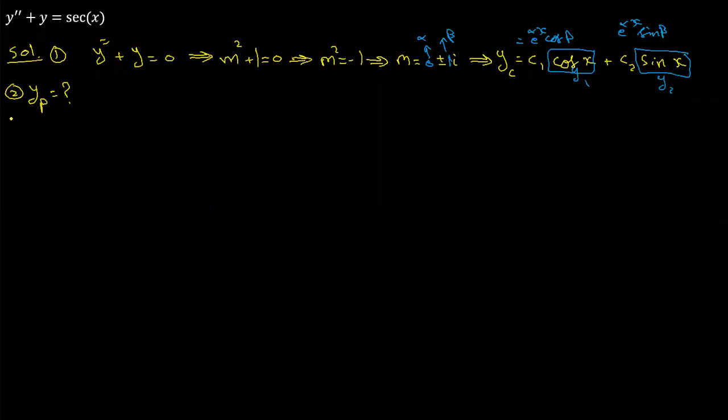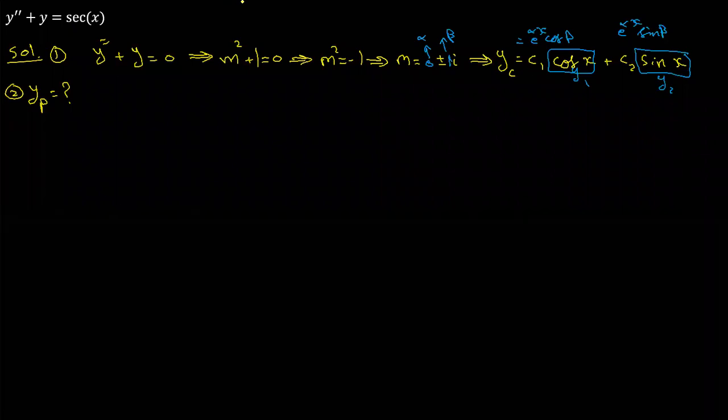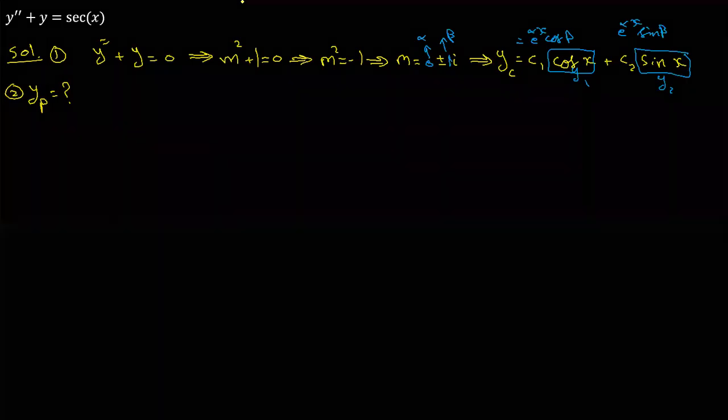Unfortunately, I can't use the annihilator technique because the sec is a fraction, 1 over cosine. I remember that the reduction of order method can help. I'm not going to solve using reduction of order, but I'm going to write the steps to let you remember how to do it. I need to solve using variation of parameters, but let me write some steps about the reduction of order.